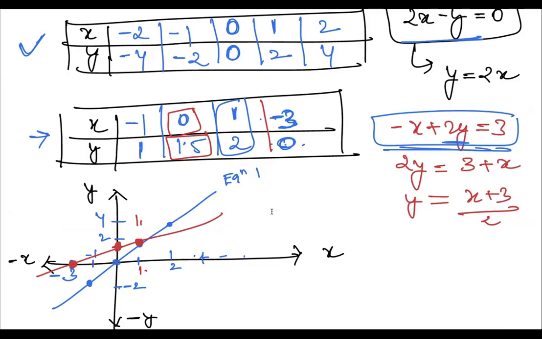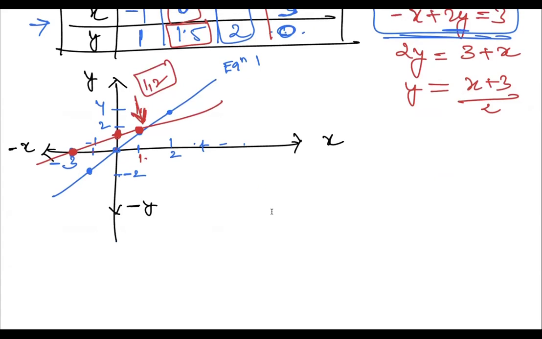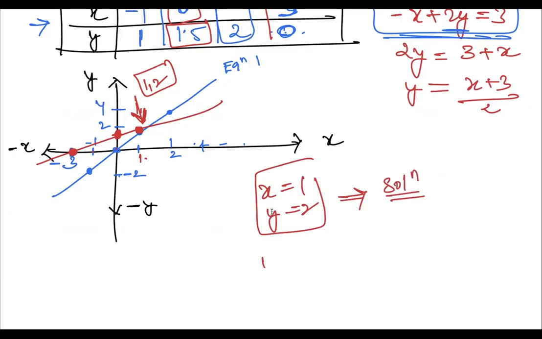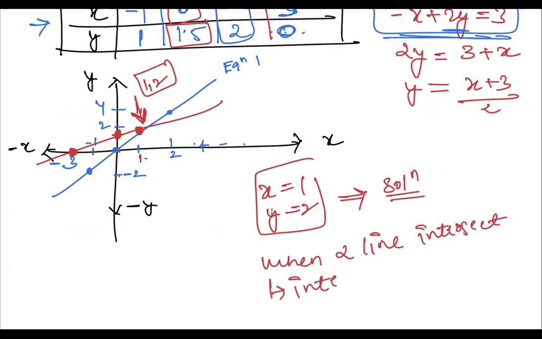So where are the lines intersecting? The lines are intersecting at this point, which is 1 comma 2, when x is 1 and y is 2, and this is basically the solution. When two lines intersect, the intersection point is called the solution.